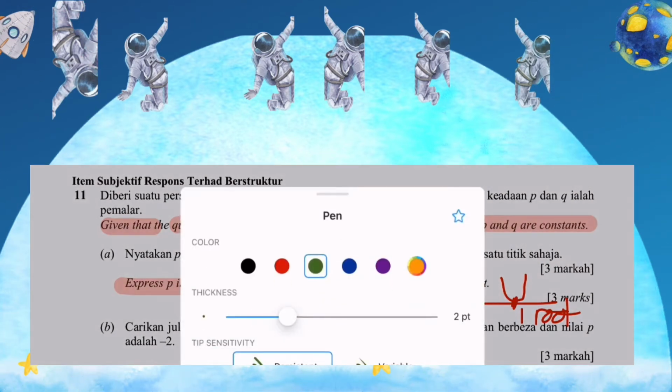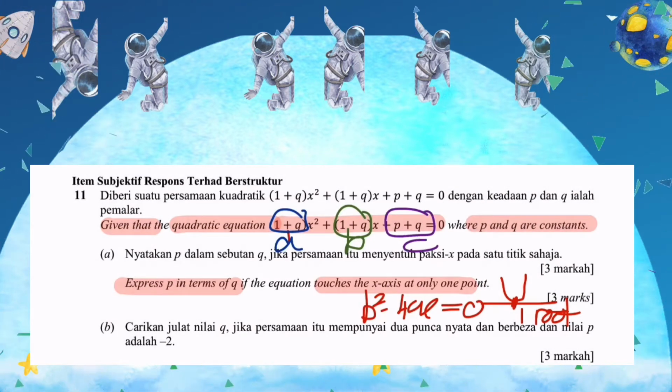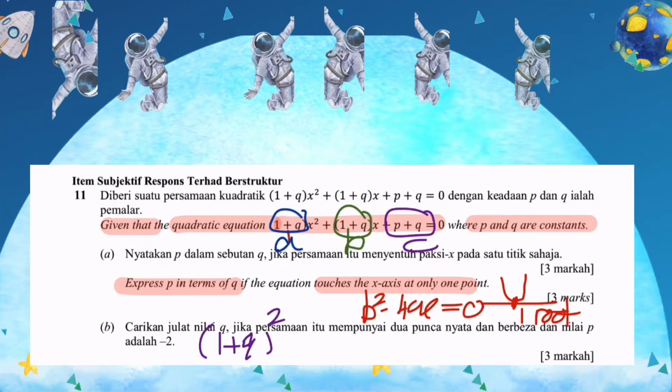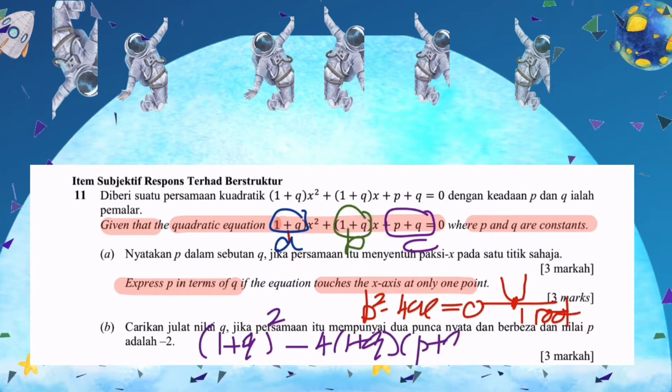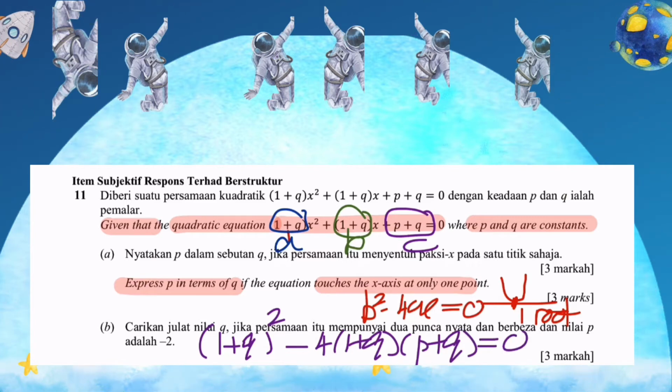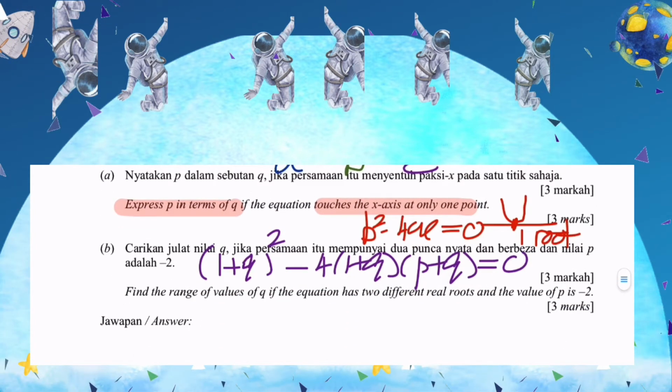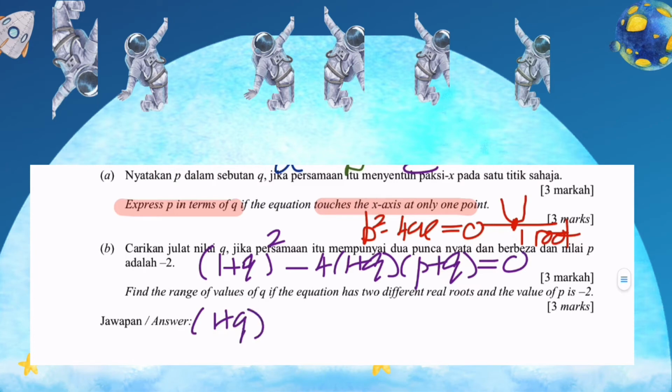So this is the a, this is the b, and this is the c, because the equation is in general form. Now let's substitute: (1 plus q) squared minus 4 times (1 plus q) times (p plus q) equals 0.